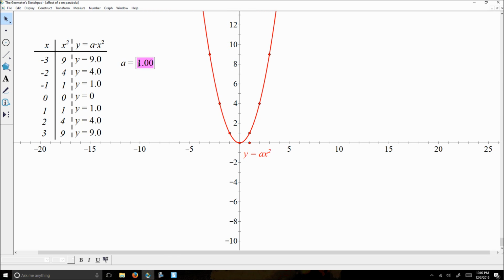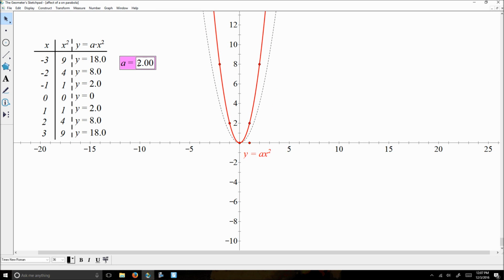Consider what's happening when a equals 2. Now the y value is not just the square of x, it's the square of x times this value a. So when a is 2, I go up the square of x times 2, or 2 times the square of x.